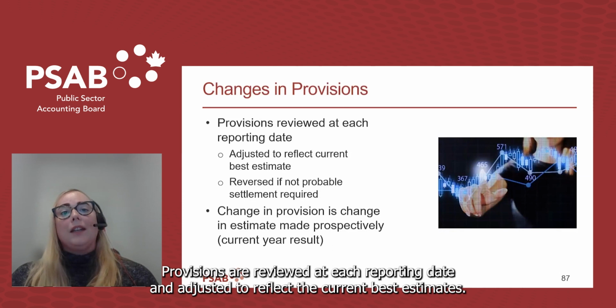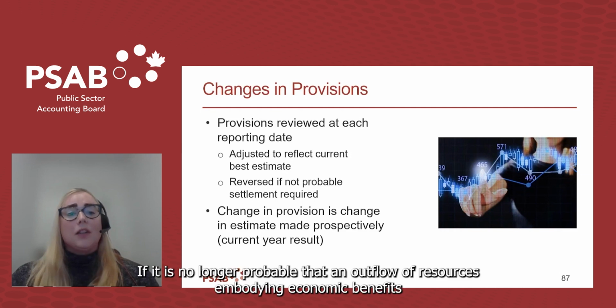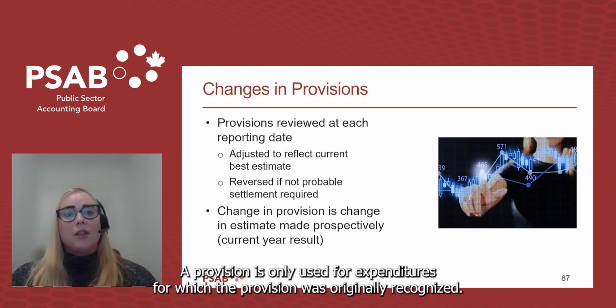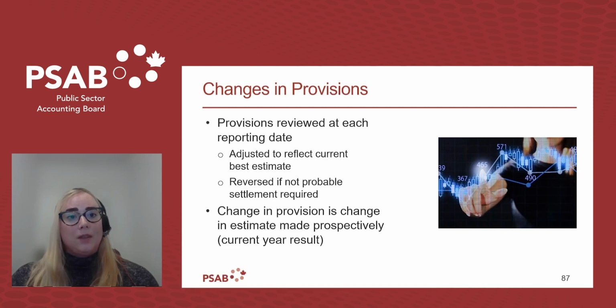Provisions are reviewed at each reporting date and adjusted to reflect the current best estimates. If it is no longer probable that an outflow of resources embodying economic benefits or service potential will be required to settle the obligation, the provision is reversed. A provision is only used for expenditures for which the provision was originally recognized.